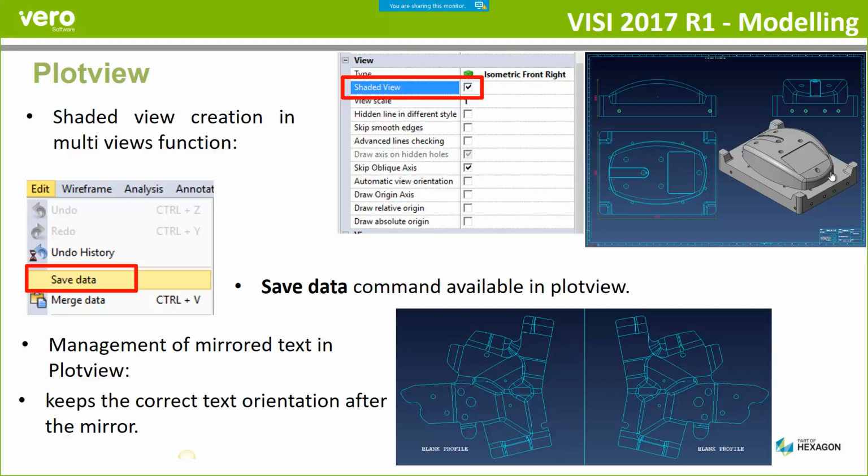So now within the plot view drop down, there are two new options which allow you to save data to the RAM and then merge it into other databases or other plot view windows. If you use this function to copy between plot view pages, it's important to remember that it's liable to break the link to the model geometry.